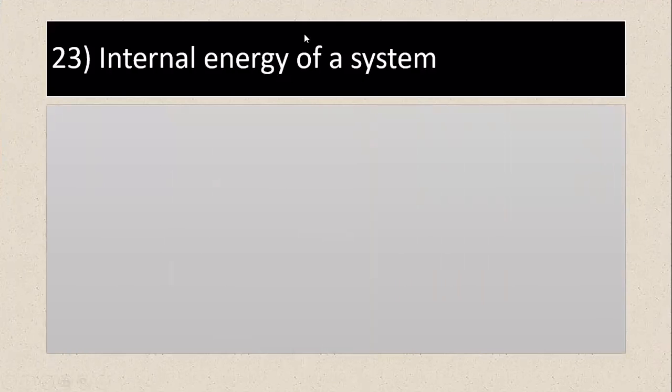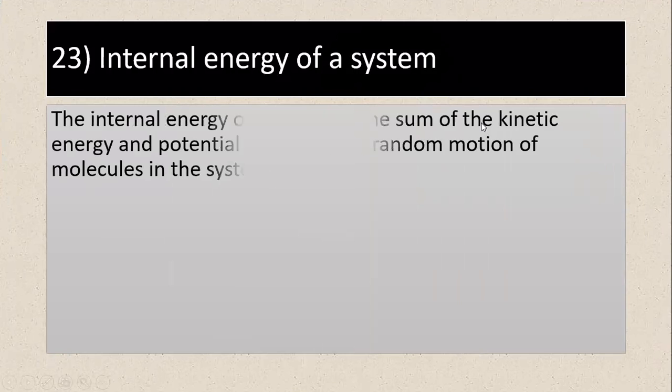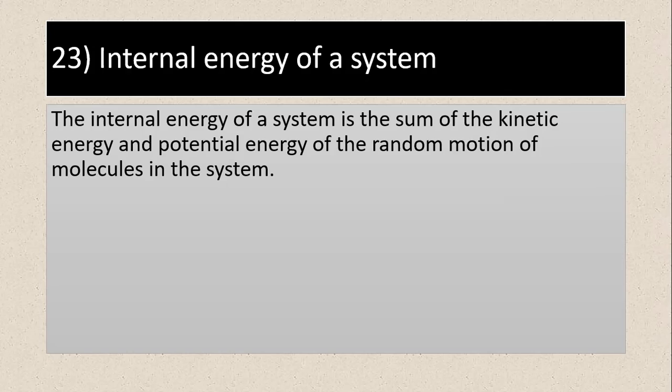When we say the internal energy of a system, the system can be solid, liquid, or gas. So we define it as the sum of the kinetic energy and potential energy. Remember, we are interested in the molecules or the particles. The particles have kinetic energy, and there's intermolecular force, so there must be stretching energy, which we call potential energy.